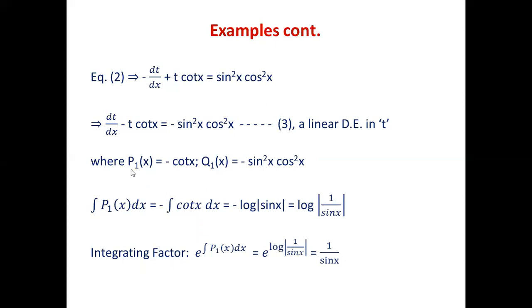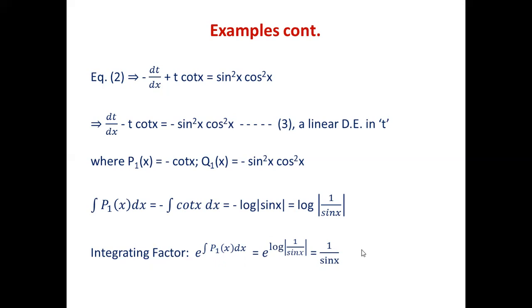So here P1 of x is minus cot x, Q1 of x is the one on the right hand side, minus sin square x cos square x. So we have to now find the integral of P1 of x, that is log mod 1 by sin x. Then the integrating factor would be e power integral P1 of x, which is 1 by sin x.